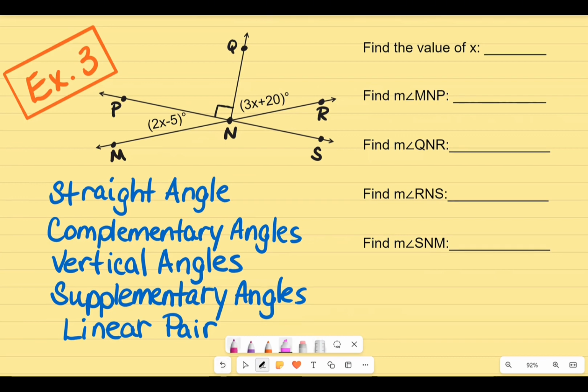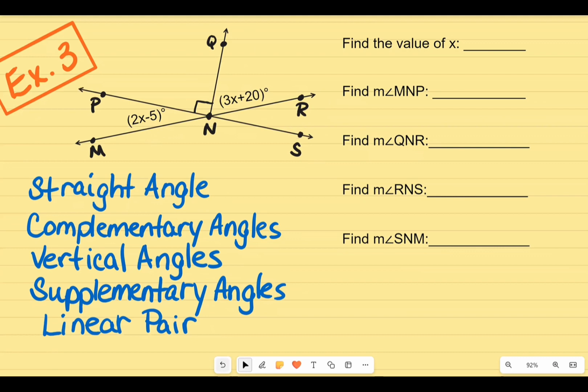All right, so I'm going to go ahead and start by trying to find the value of x. So therefore, what I'm going to do is look at this straight angle. That'll help me find my value of x. How?